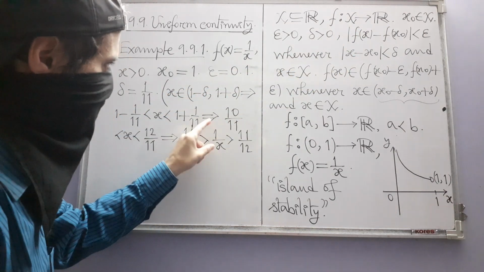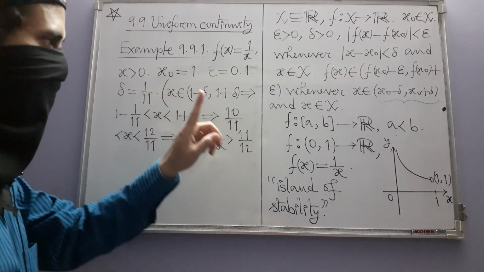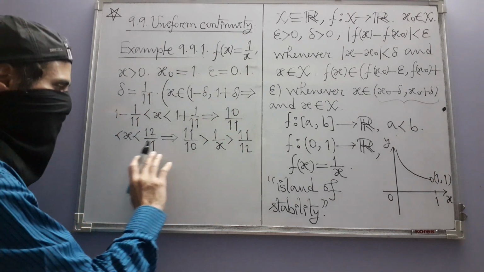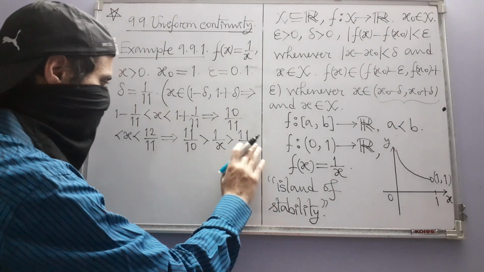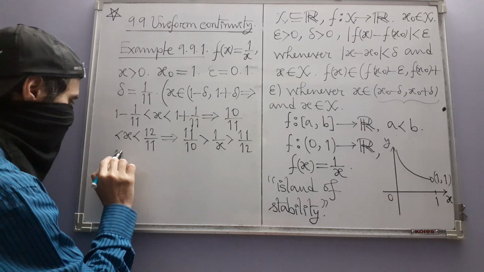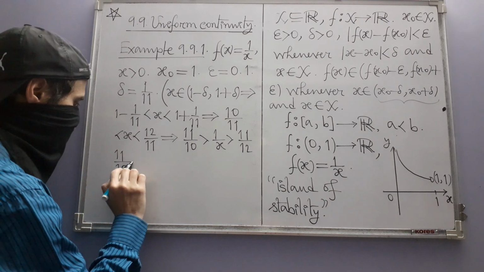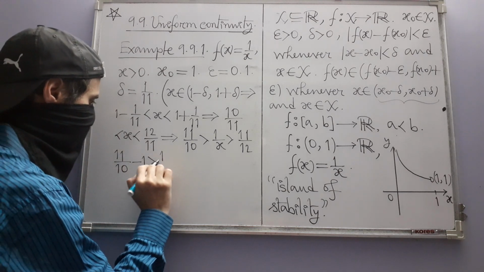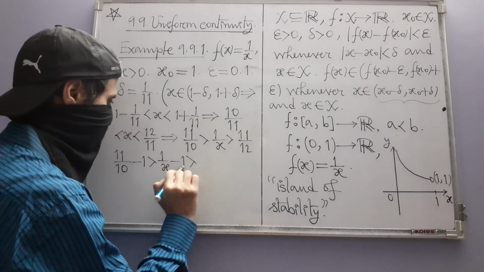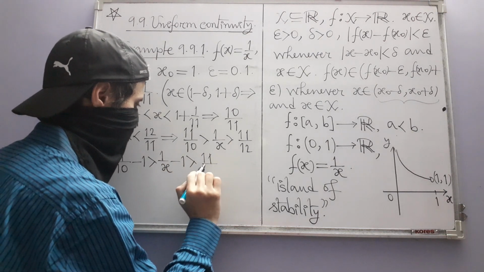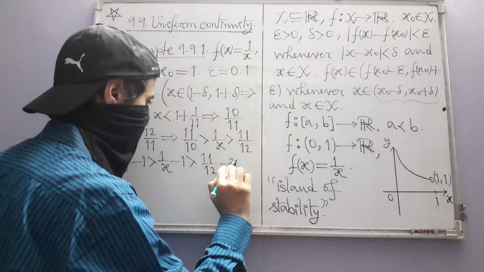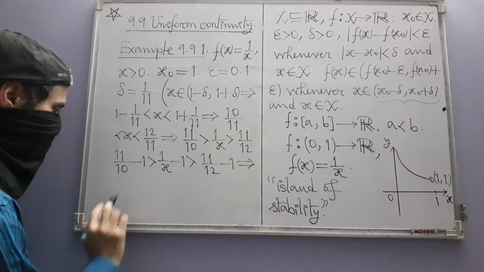This is f(x), and f(x naught) for this x naught is 1. So let us subtract 1 from all the terms here. And that will imply what?